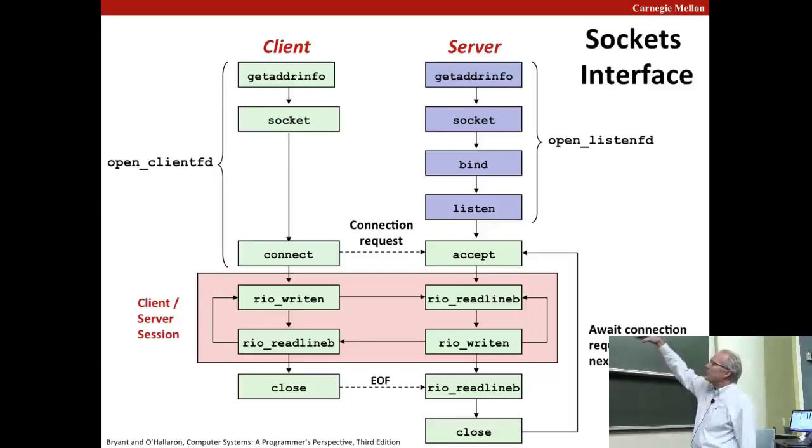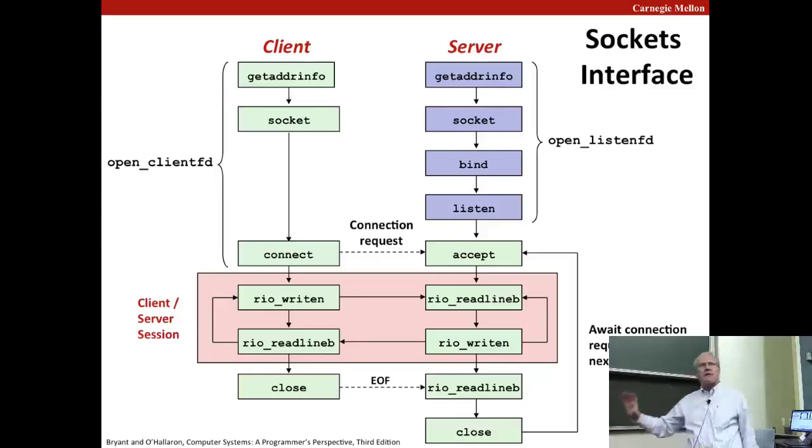But you'll see the first two steps are the same. I need a socket. But then remember, what I want to do is essentially set up a server that's listening on a particular port for clients to make requests. And that's the function of the bind and the listen functions. And then the accept is when I'm saying, okay, the server's ready, I'm ready to accept requests, and it will fire that up.